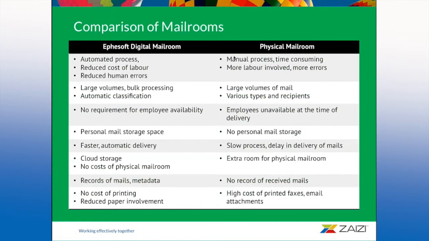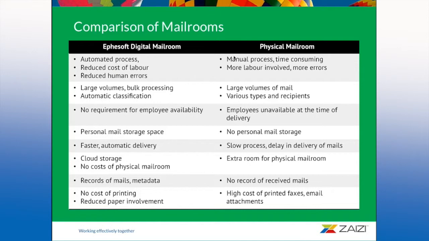So Ephesoft digital mailroom is basically a completely end-to-end automated process as opposed to the manual process and the time-consuming tasks that a physical mailroom conducts every day. You can reduce the cost of labor because, as you saw in the demo, it was just a matter of minutes of performing the entire document capture, scanning, and review, validation, extraction, and forwarding the mail to the individual recipient.